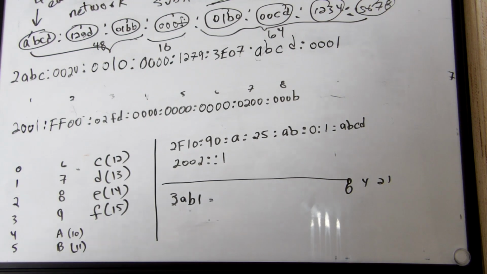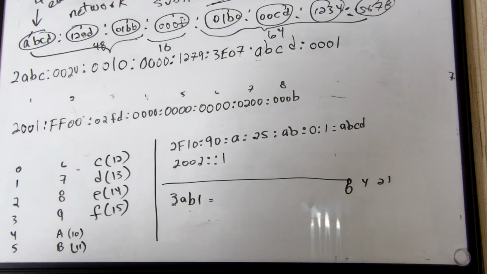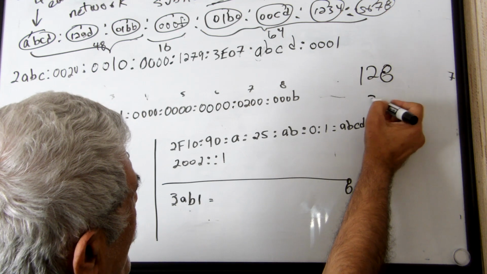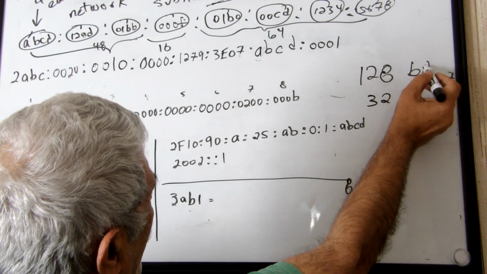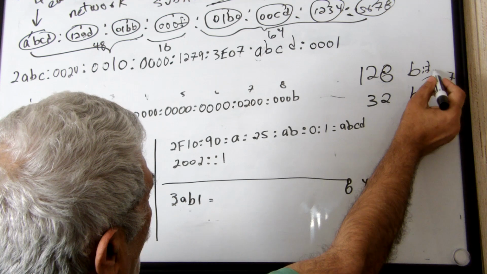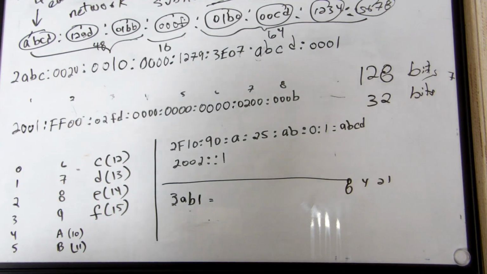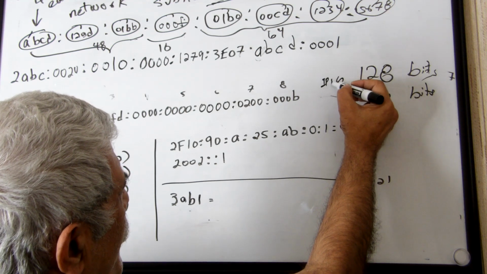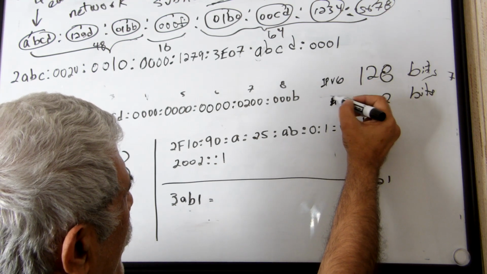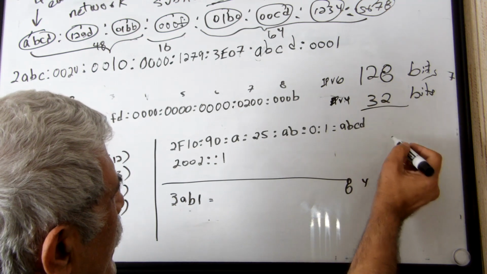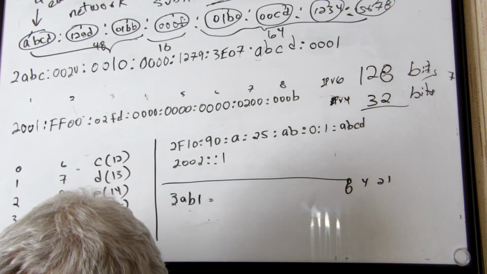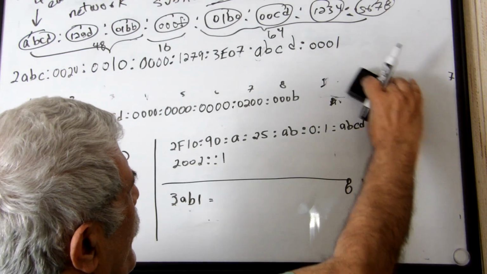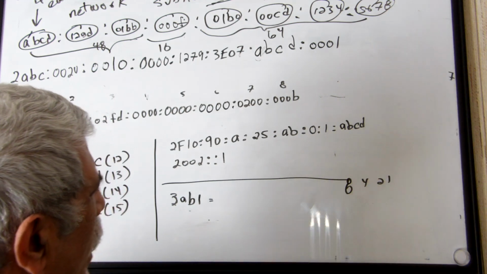IPv6 has 128 bits. IPv4 has 32 bits. Remember that we talked about there are 4 octets.